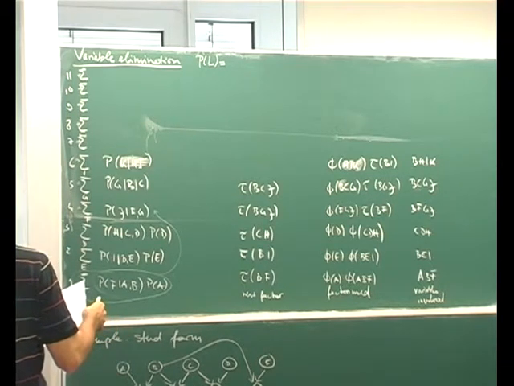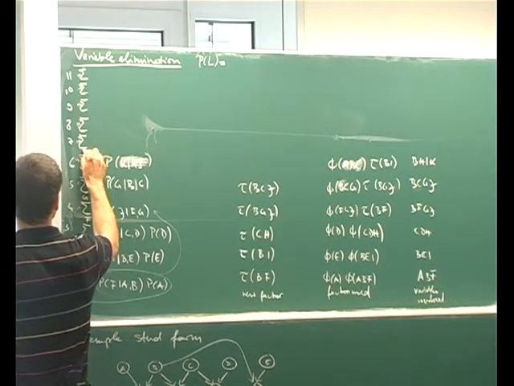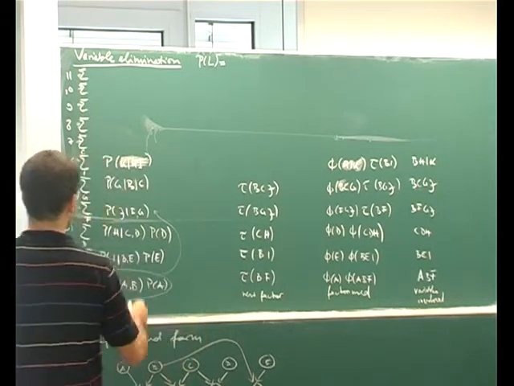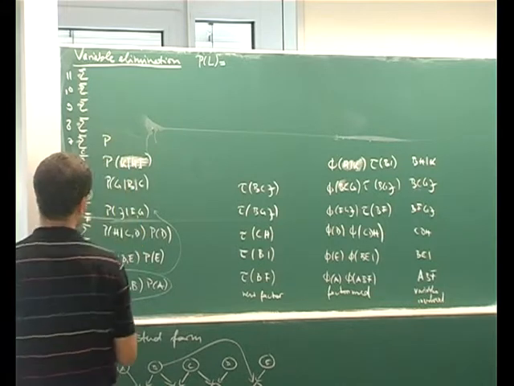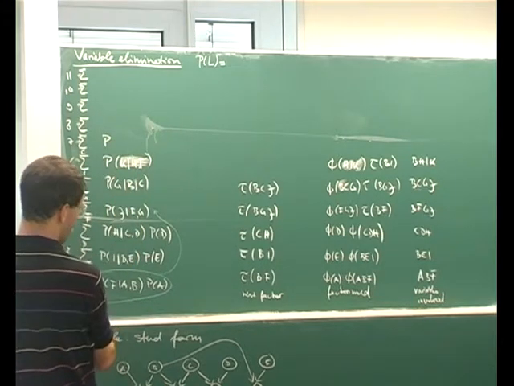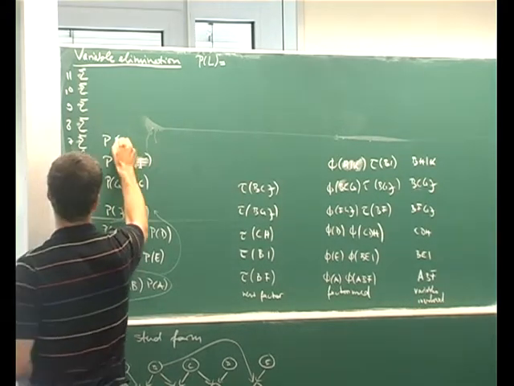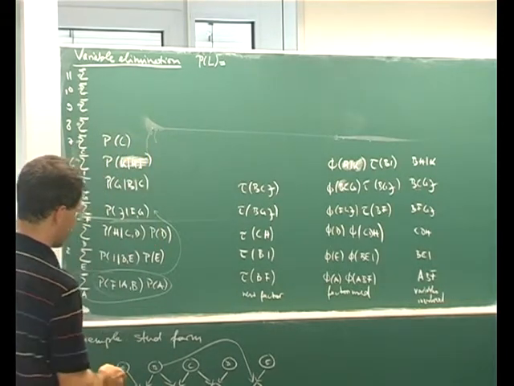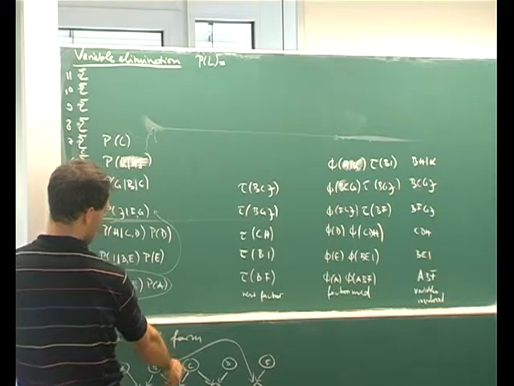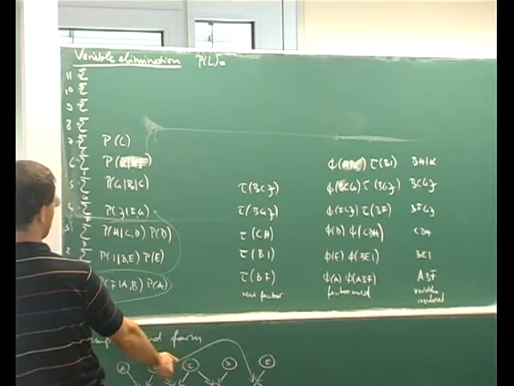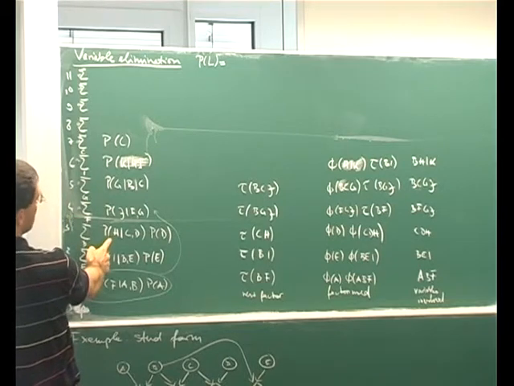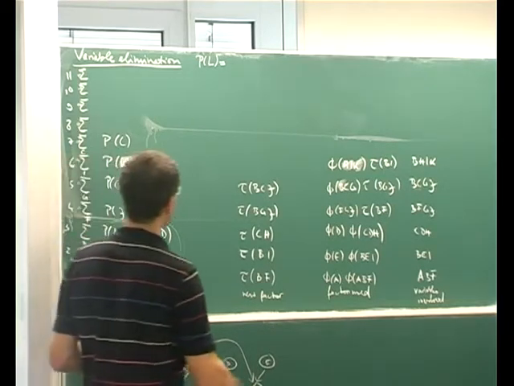Next, there's a summation over C. So we're looking for the terms involving C that do not appear elsewhere. So there is the prior probability of C. But the other terms involving C, so G given C and B and H given C and D, we have already included them, so we don't need them here.